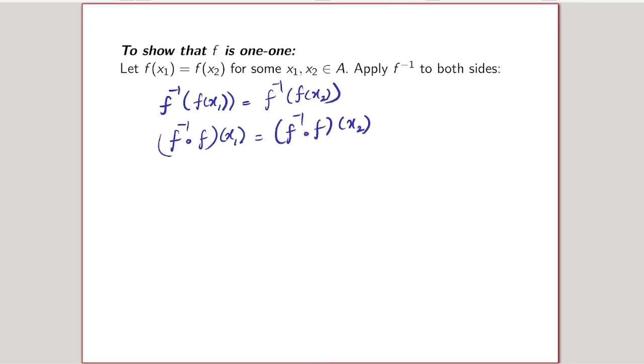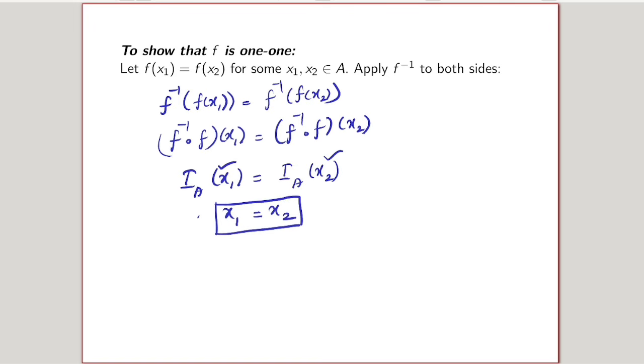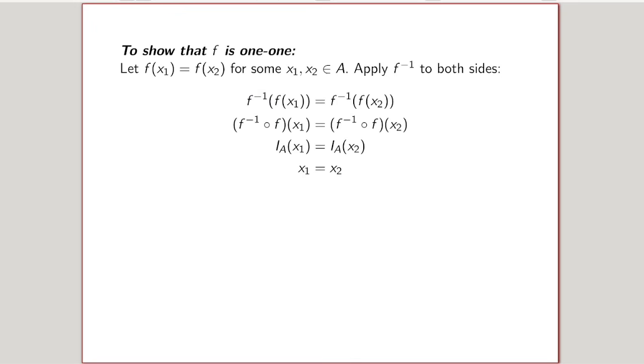Observe that f inverse has been multiplied in the first place, so we are going to put the domain identity map. So it is I_A of x1 equal to I_A of x2. Identity map is nothing but every element will be mapped to itself. So x1 will be mapped to x1 and x2 will be mapped to x2. So see that we have shown x1 is equal to x2. Therefore, f is a one-one function.